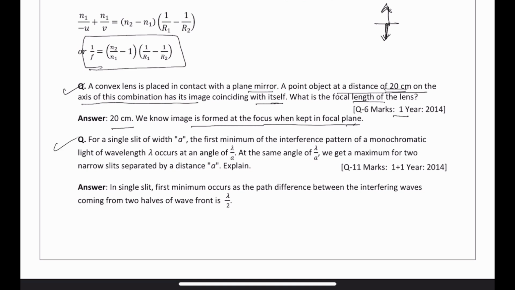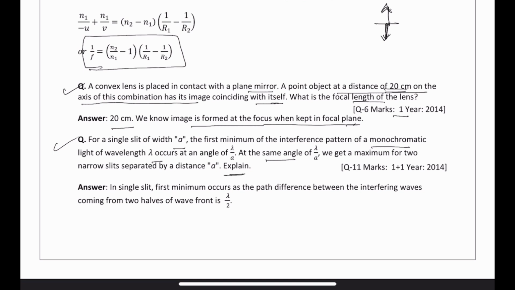Now for a single slit of width A, the first minimum of the diffraction pattern of monochromatic light of wavelength lambda occurs at an angle lambda by A. At the same angle lambda by A, we get a maximum for two narrow slits separated by a distance A. Explain.